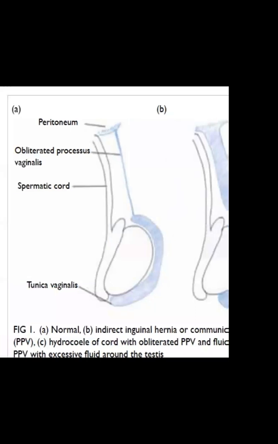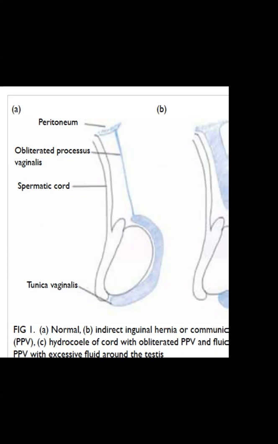You can see the peritoneum in picture A. This is the peritoneum, and the testis, during the neonatal period, should be located inside the abdomen during pregnancy, and then it comes down with the gubernaculum via the processus vaginalis until it is located inside the scrotum. So there is a peritoneal pouch that tracks the testicle from inside the abdomen to its normal location.